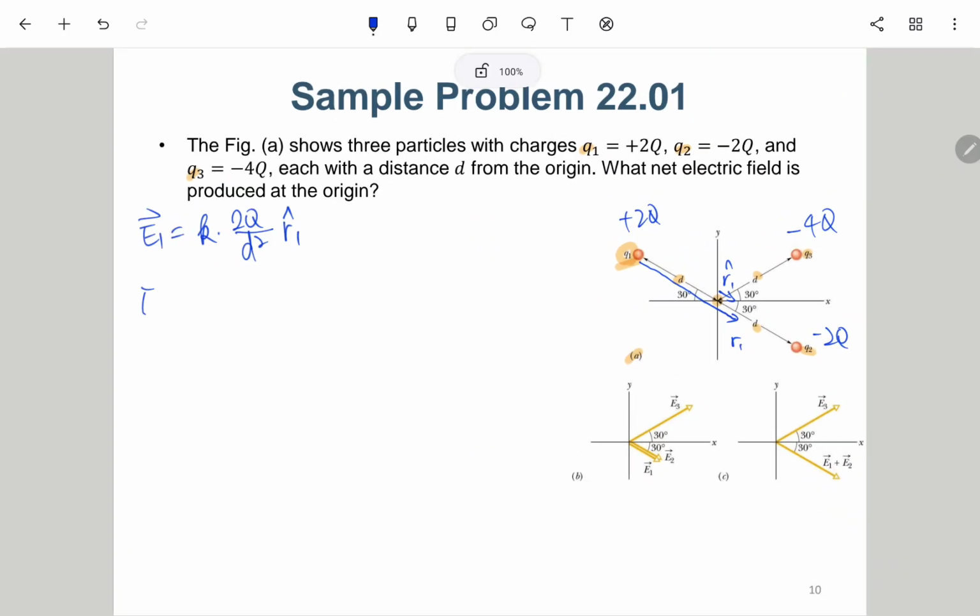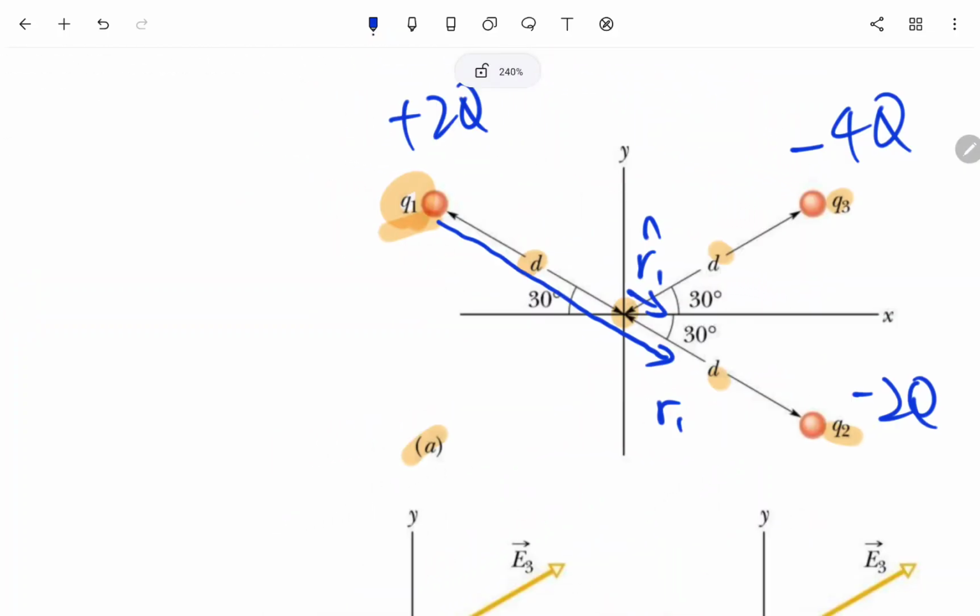And E2 vector will be K times negative 2Q over d squared, and then the unit vector should be negative R1 hat. Why? Because we need to consider that R2 hat is due to this Q2. So we start from this Q2 and then go to the top left.